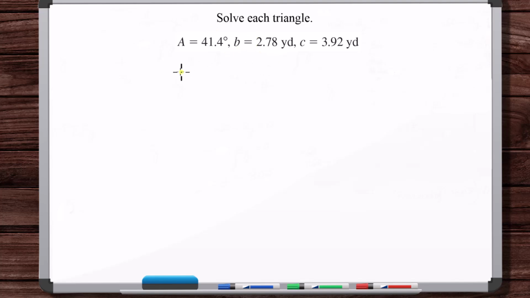So the way the law of cosines works is it starts off with the side opposite the angle that you have, or you don't have to have the angle.